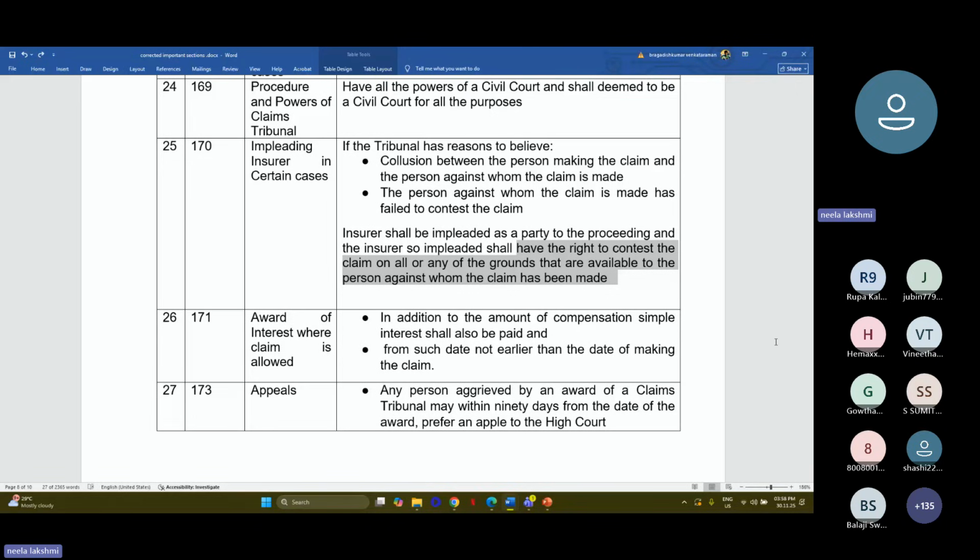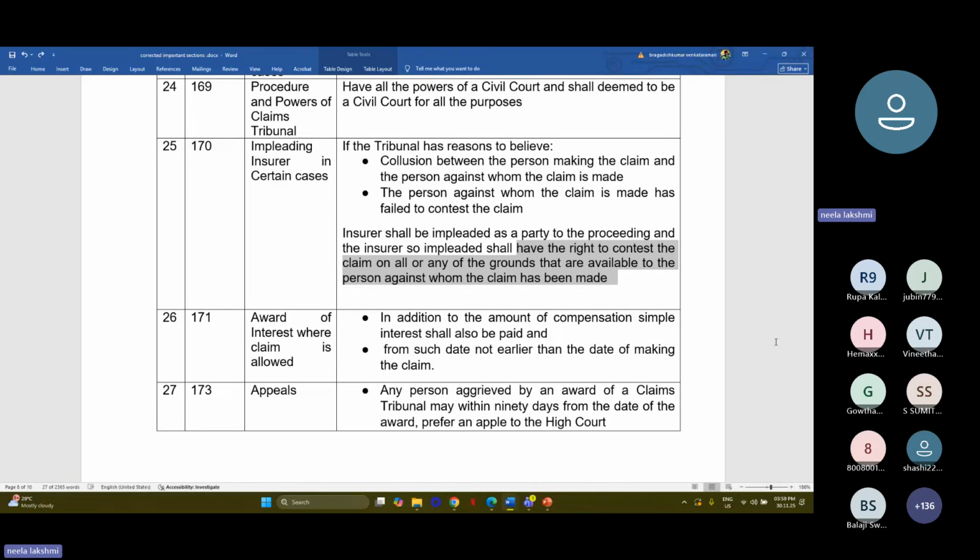that the driver, the tortfeasor, the negligent driver related to our insured vehicle, if they are parties to the claim petition, only then does the right of the insurance company arise. When they are not a party to the proceedings at all, the insurance company also shall not be made a party.